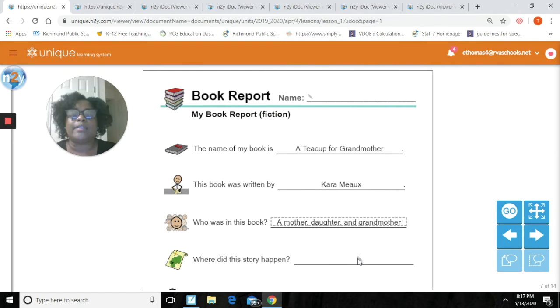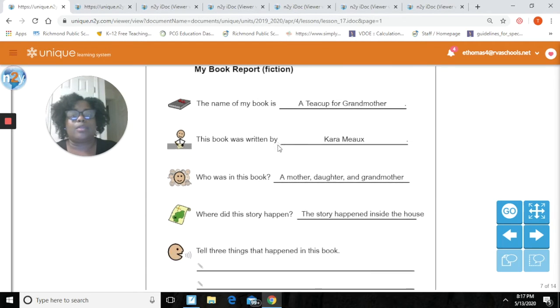But most of the events took place where? Inside the house. That's as far as we will be able to go, but we know they did go out. Okay, let's go down.